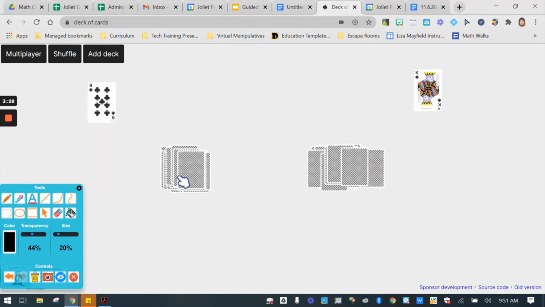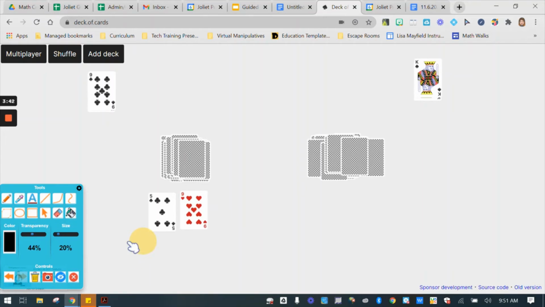As you can see, I have my cards divided for each player, and player 1 would turn over two cards. Here they have positive 5 plus negative 9.